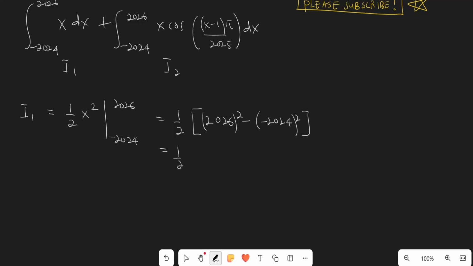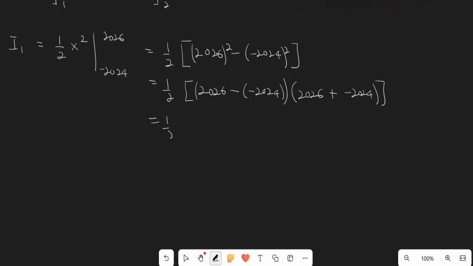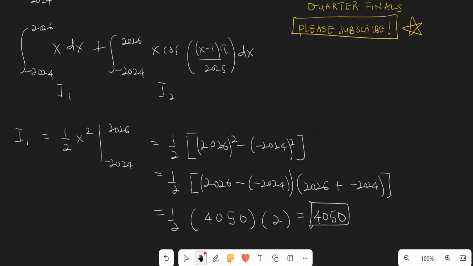This is a difference of two squares, which is 1 half times (2026 minus negative 2024) times (2026 plus negative 2024). That is 1 half times 4050 times 2, which is simply 4050. So this is the value of the first integral.